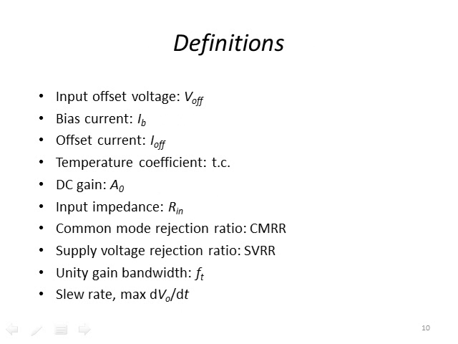So the important properties of an operational amplifier, and I'm not going to go over these, are expected to be prerequisite knowledge for the course: input offset voltage VOFF, input bias current, offset current, temperature coefficient, DC gain, input impedance, common mode rejection ratio, supply voltage rejection ratio, unity gain bandwidth, and slew rate.